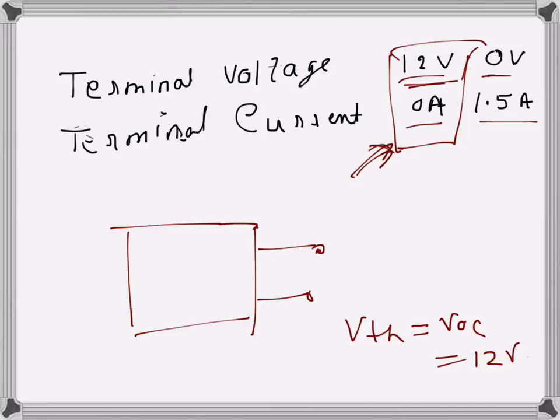And when we look at this measurement, it's 0 volts and there is a current. 0 volts means this is essentially short circuited, so the current that is flowing is the short circuit current. So we have the short circuit current and the open circuit voltage.